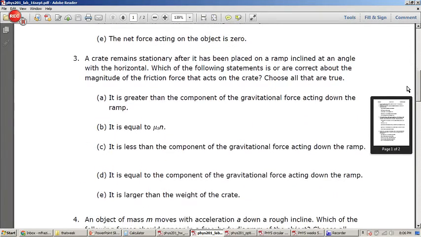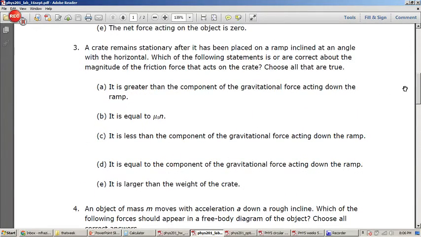But number 3 is a question about the friction force, which you can kind of gather from the forces activity video and the forces activity we talked about. Friction forces look like something having to do with the normal force, but it also has something to do with the forces being in equilibrium.